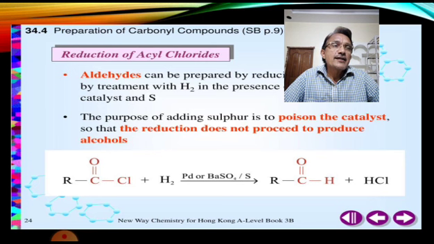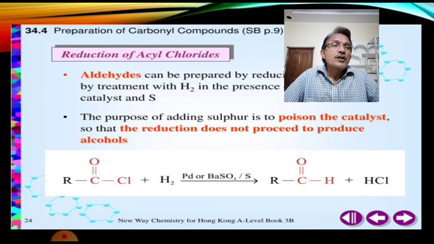In Fehling test, when we add Fehling solution to aldehyde, immediately copper will be precipitated. Cuprous oxide will be obtained as a red precipitate.